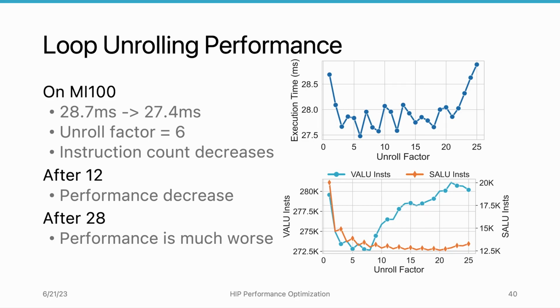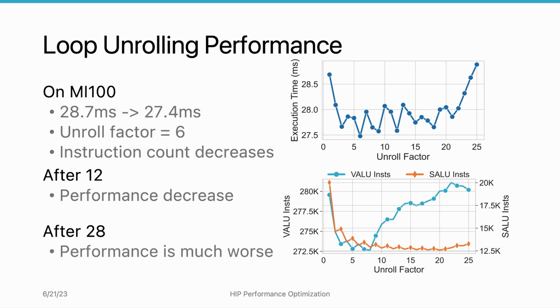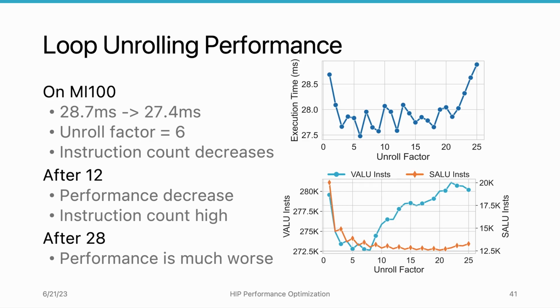As we can see, the vector ALU instructions are decreasing until the unrolling factor equals 8, and the scalar ALU instructions decrease until the unrolling factor equals 20. So before the unrolling factor is 8, it follows our expectation that we use loop unrolling to reduce the number of instructions and the overhead. But after 12, the instruction count grows larger. So we want to understand why.